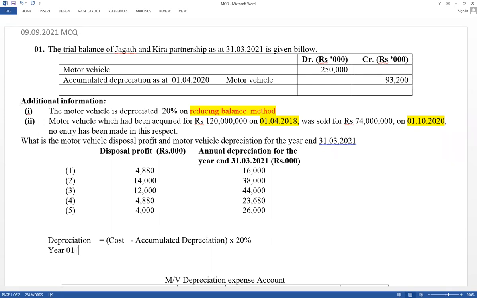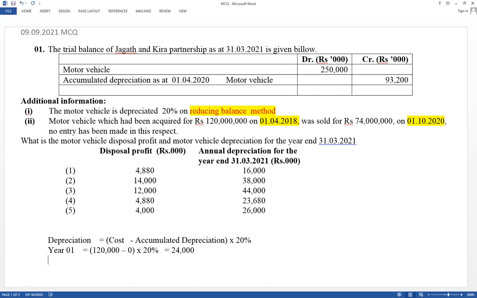Year 1: think about the disposal asset. Cost value equals 120,000. In the first year, accumulated depreciation is nil. Therefore, cost value 120,000 minus accumulated depreciation 0, into percentage 20%. Value equals 24,000. Then think about year 2.